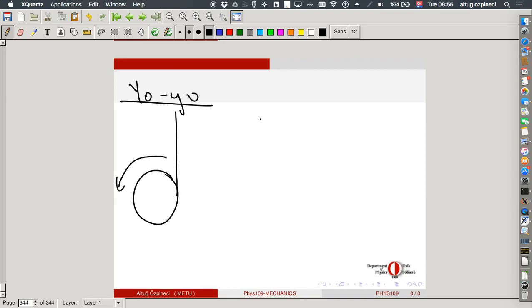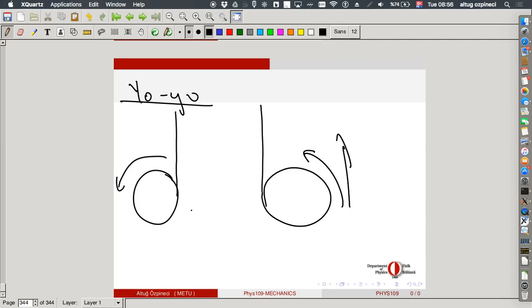It will continue rolling, and it will just go up. This is what the yo-yo is. Now let's calculate its acceleration. What's the acceleration of a yo-yo?